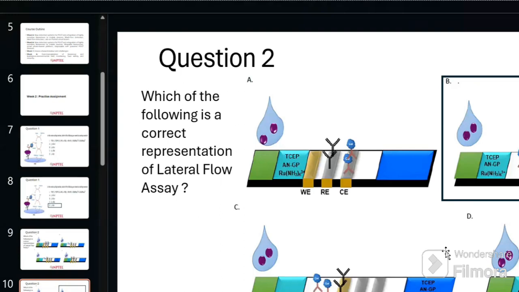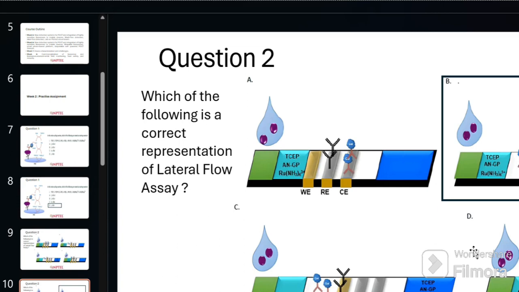Okay, so the answer is B. In this, you can see that the sample is taken on the sample pad. Then the other components like TCEP, ANGP, and ruthenium, which are very useful in a redox reaction, will attach to the analyte elements.